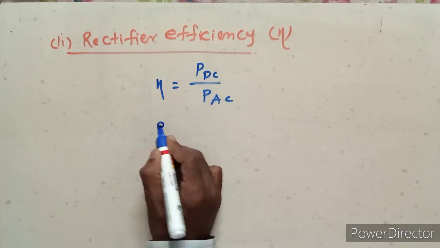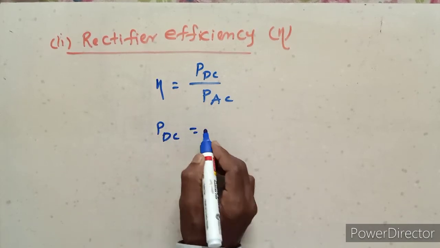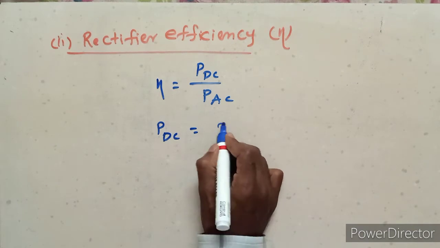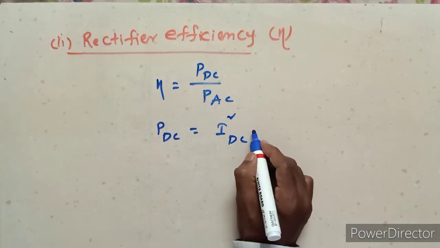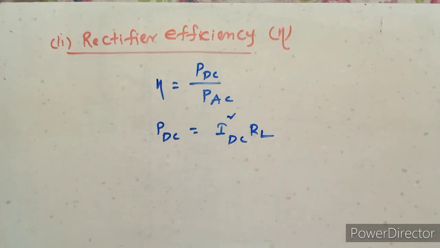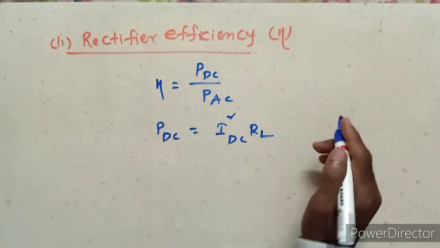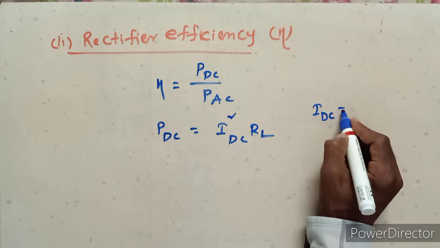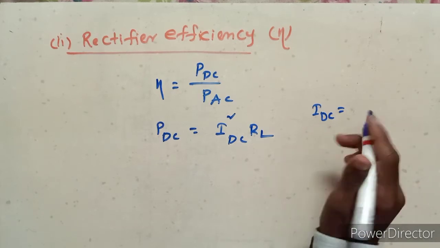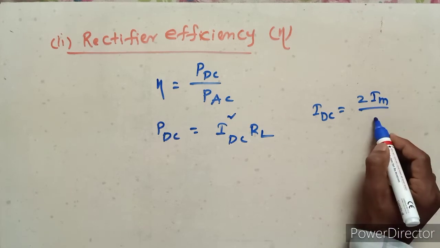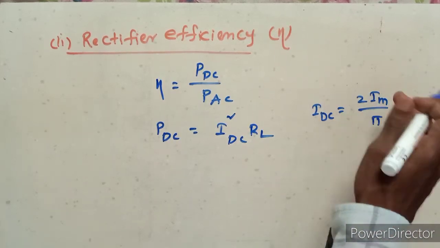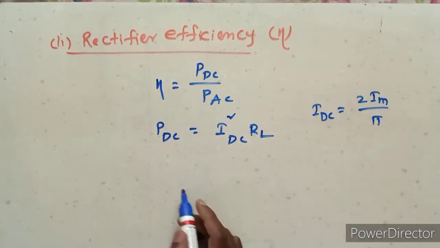But already we know that the DC output power equals DC current squared into RL. Already we know that the DC current value equals 2 Im upon pi, the first parameter.